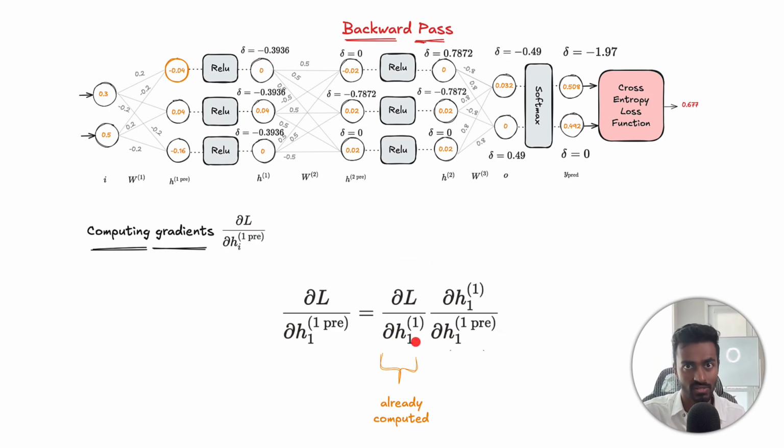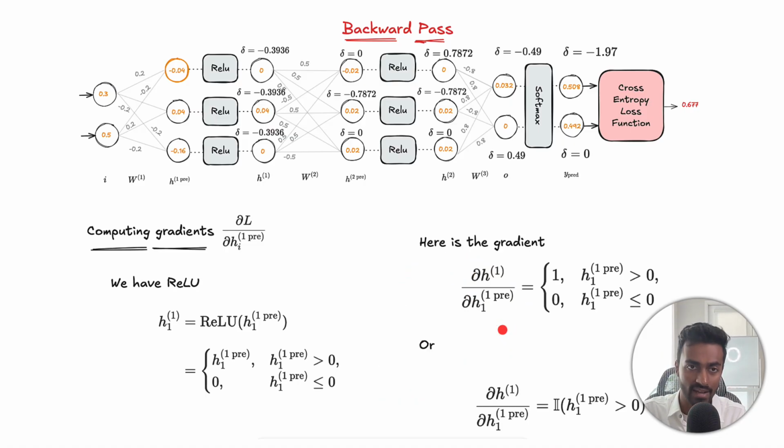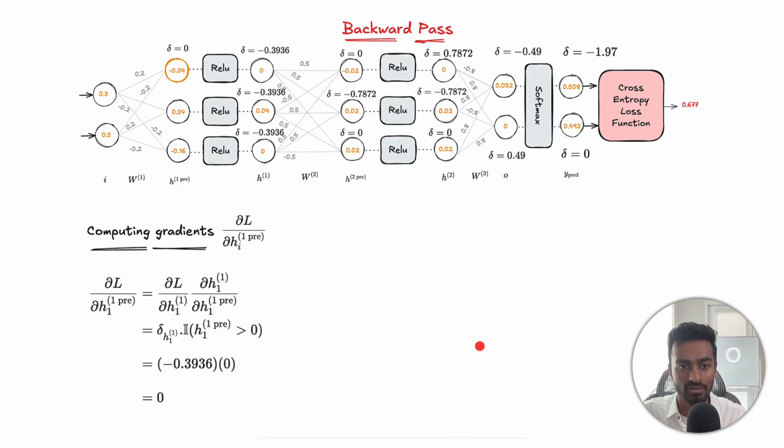Once again, because we've already pre-computed this value over here, we just need to compute this one value of gradients over here, which again is similar to our ReLU activation. The output is simply going to be like an identity, which we can then use in our calculation, and we get this wonderful value of 0 over here. So the gradient of this is now 0. So changing this neuron does not affect the loss, at least for this example.